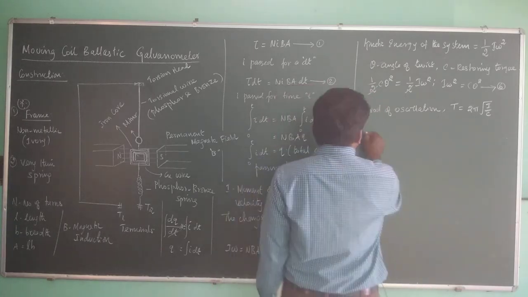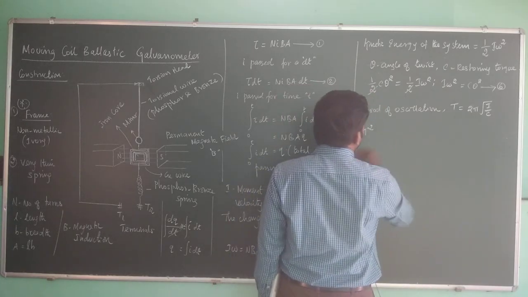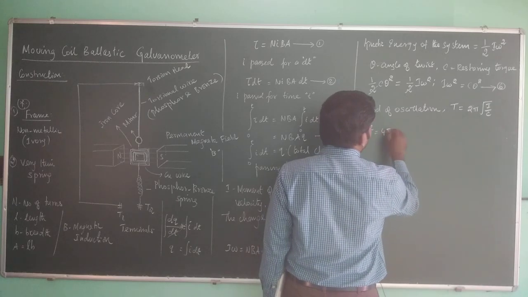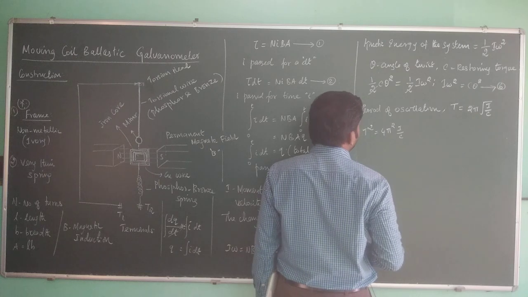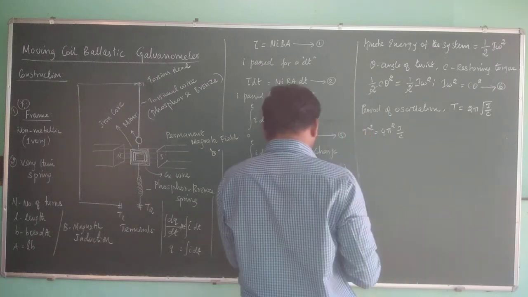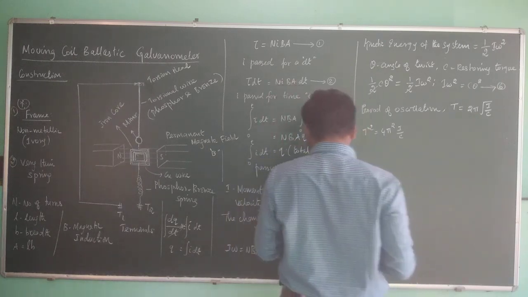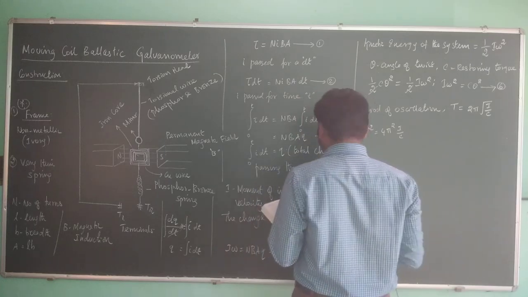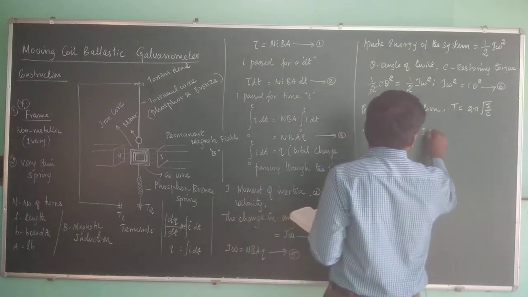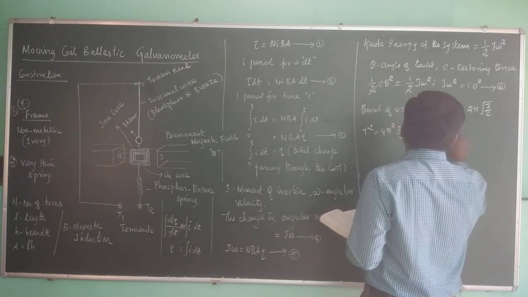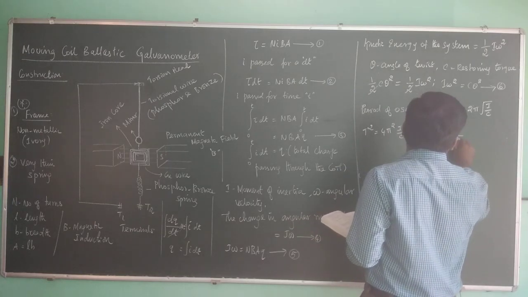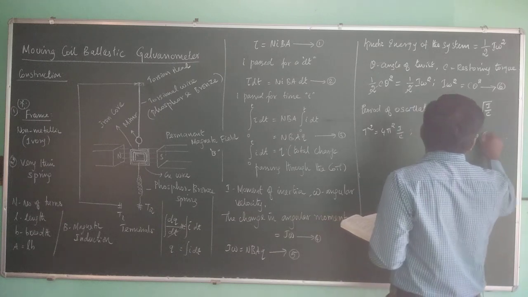Fine. Now you can take the square, you will get T square equal to 4 pi square I by C. Or we can rewrite this equation for I, so that I is equal to T square C by 4 pi square. This is equation number 7.